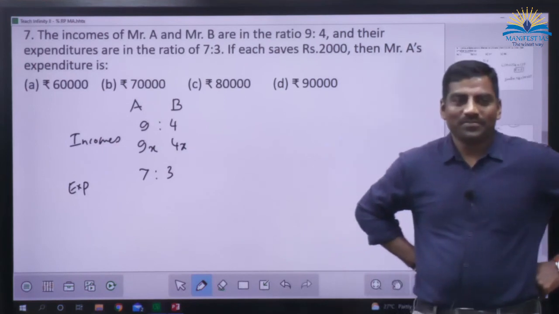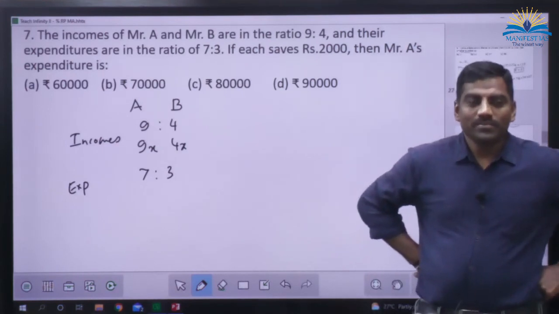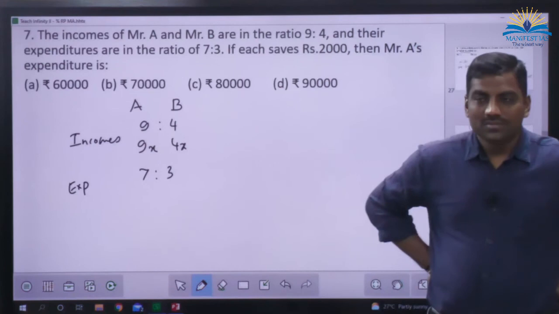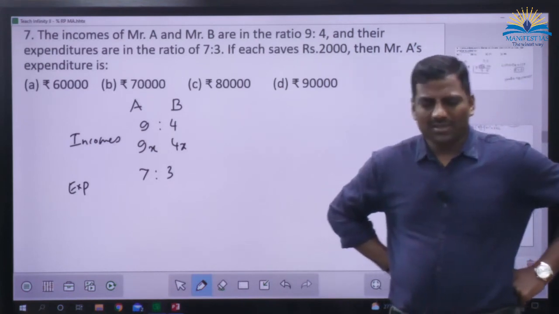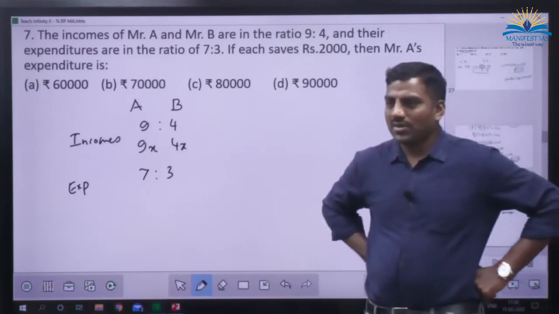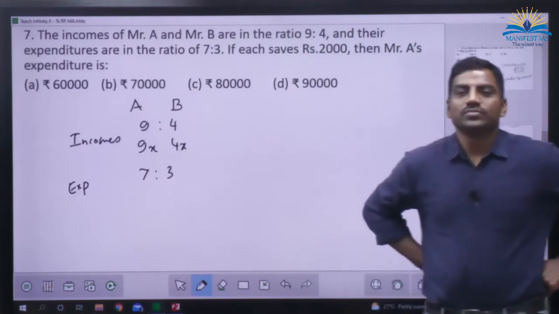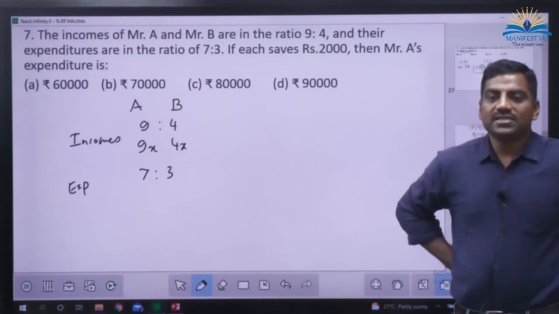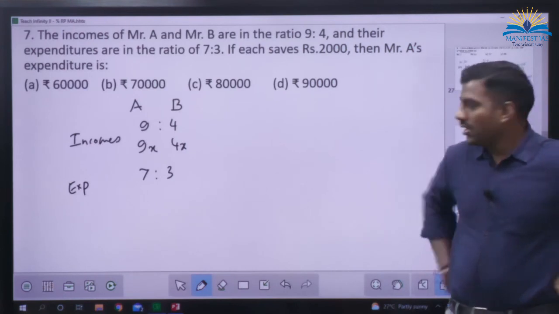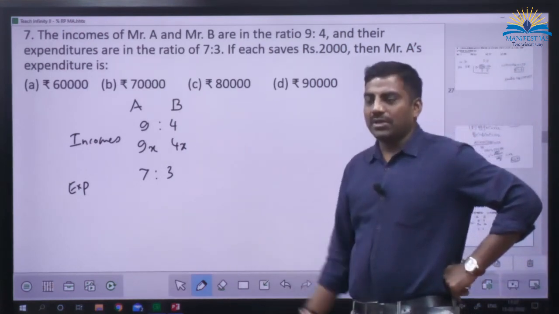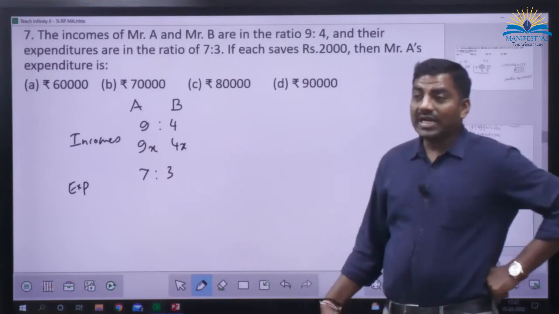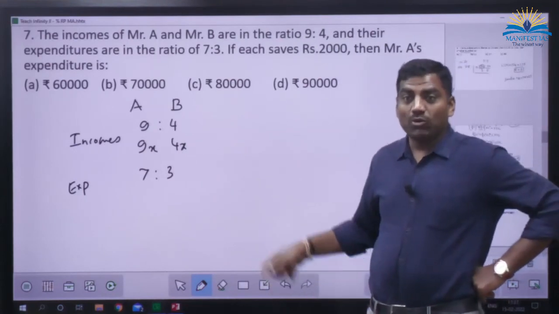Why? They are asking expenditure. That's okay. Why should we not take x in this case also? x is the common multiple that we are multiplying with. What guarantee is there that they spend with the same multiple?